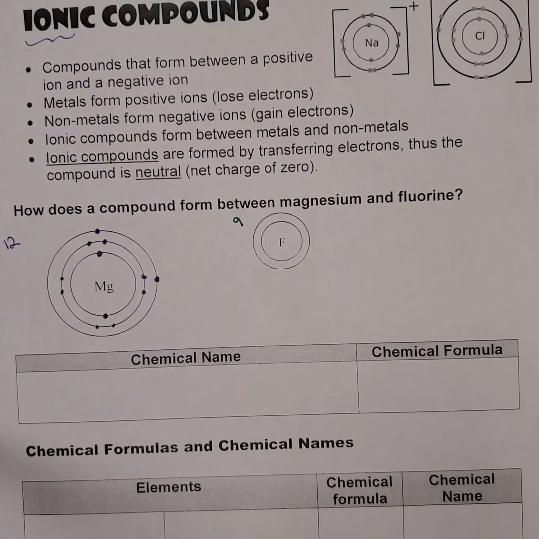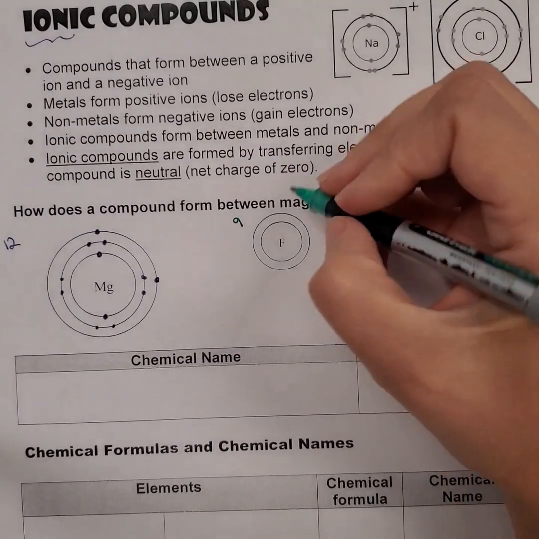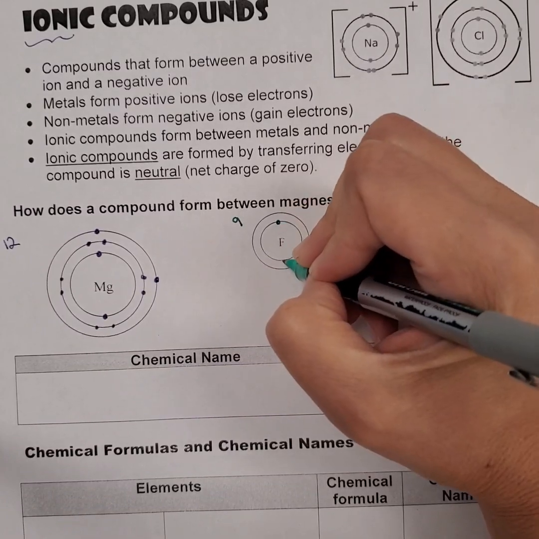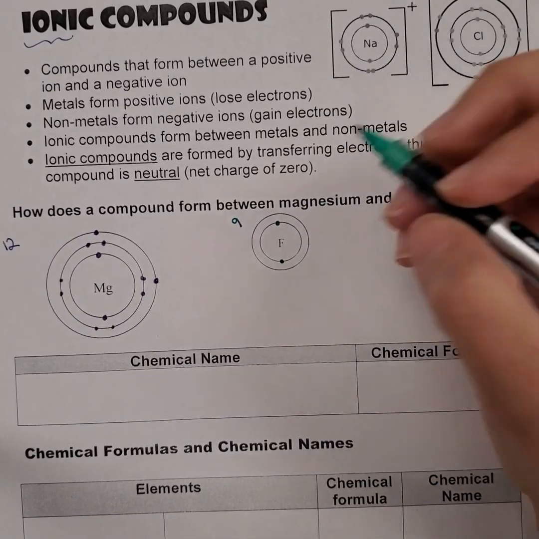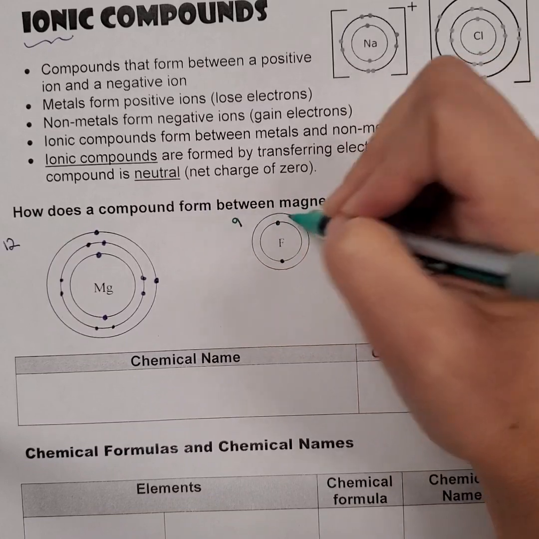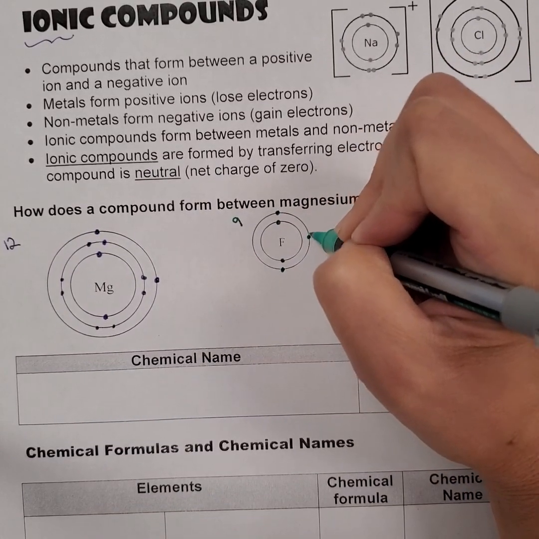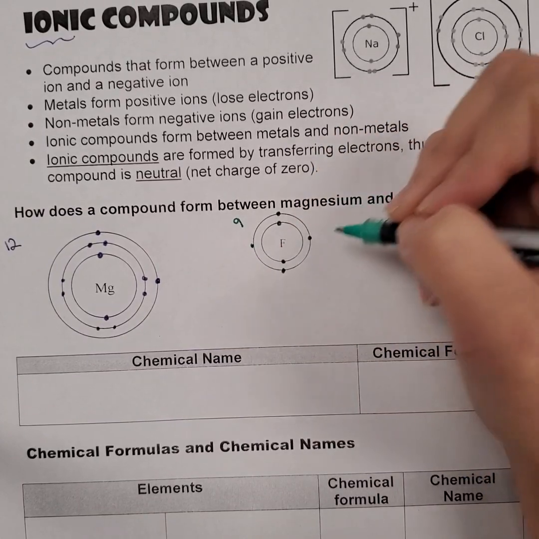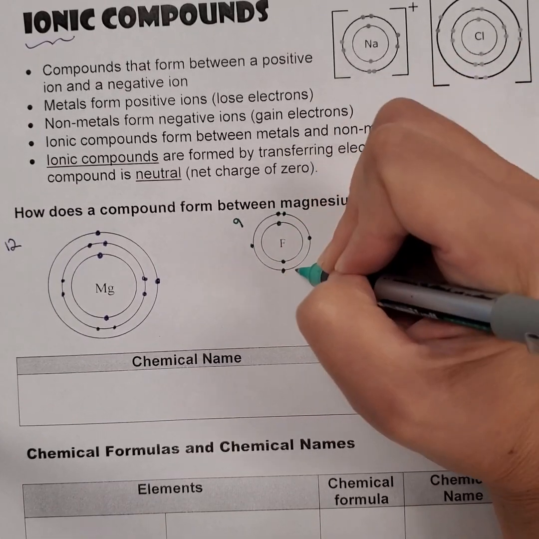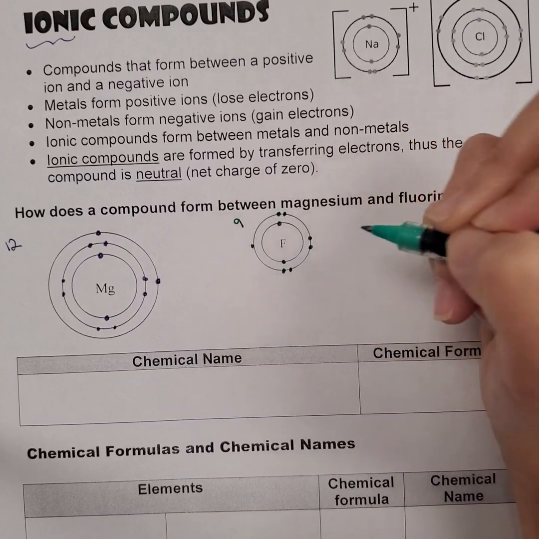Fluorine has 9 electrons. So we start with 2 on the first shell, and then 7 will be on the second shell. So we go up, down, right, left, and I need to add 4 more. So I go up, down, and to the right.